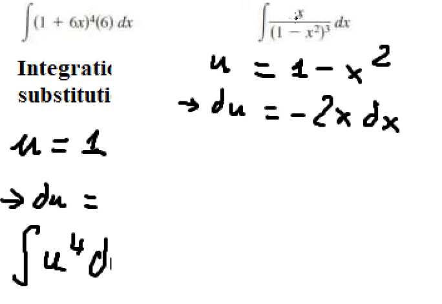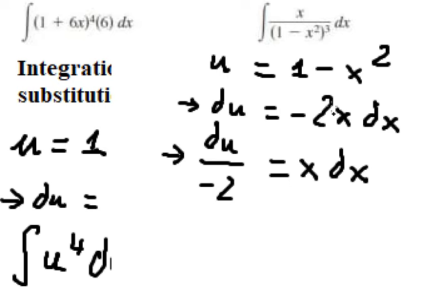But we don't have negative number 2 next to x. So we need to divide both sides by negative number 2. Now we need to change 1 minus x squared by u. x dx, we change by du over negative number 2.